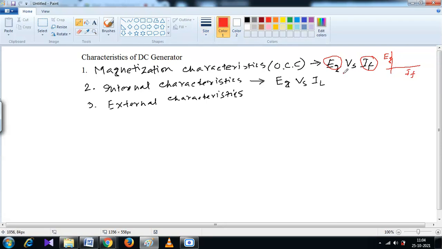And in the case of external characteristics, we plot between terminal voltage and the load current. This is terminal voltage and this is load current.